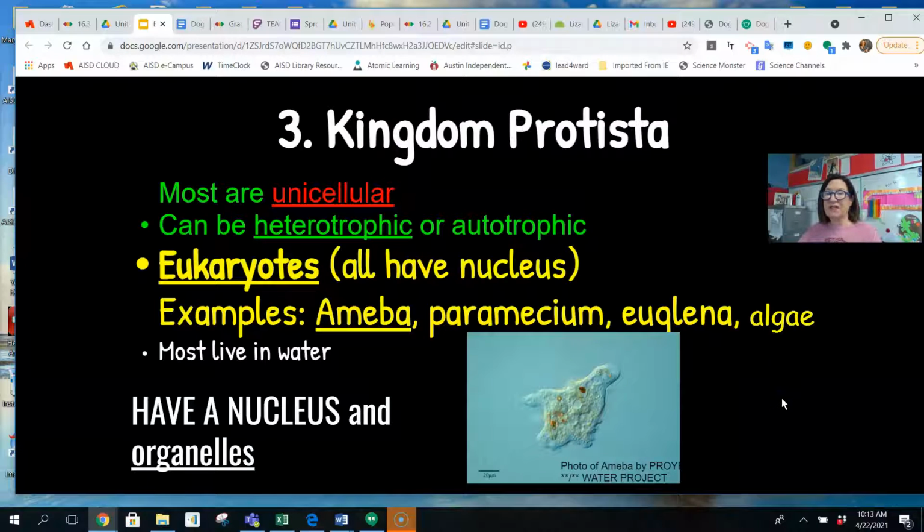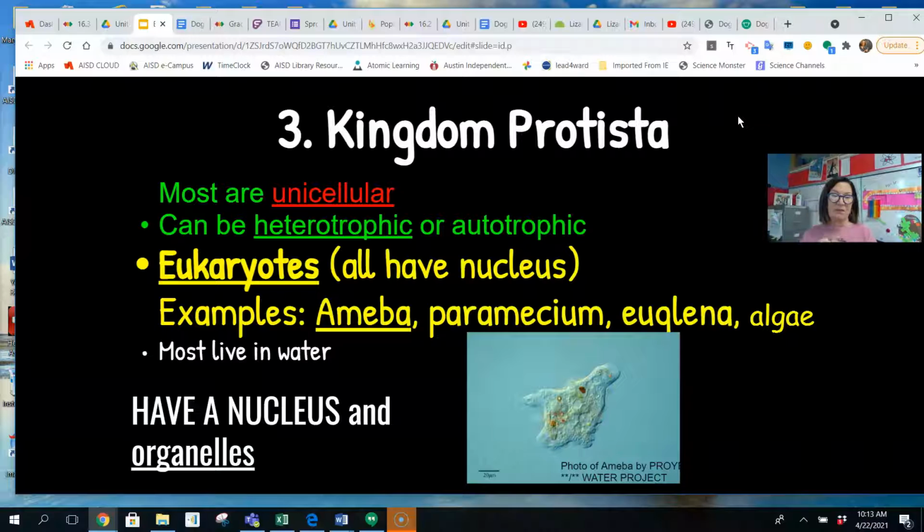Then we have kingdom Protista, and these are mostly unicellular. And again, they can be heterotrophic or autotrophic. But these guys are eukaryotic cells, meaning they all have a nucleus and organelles.